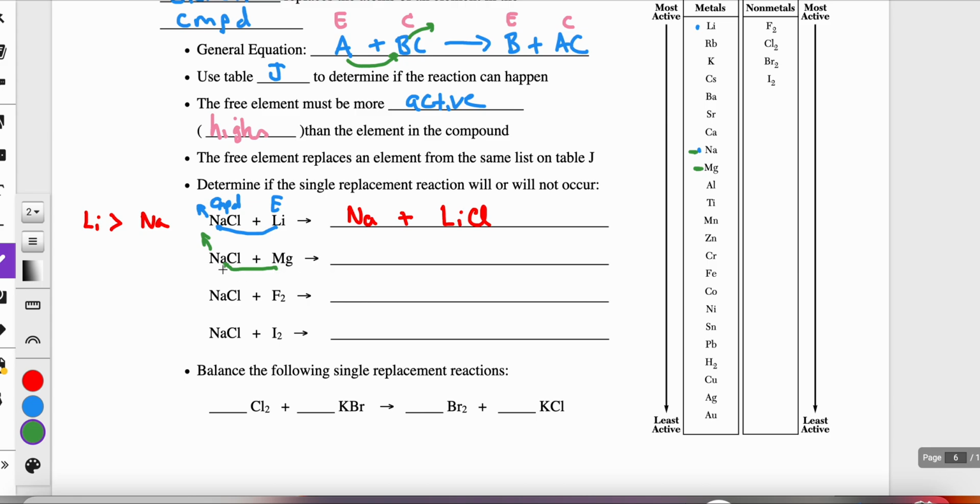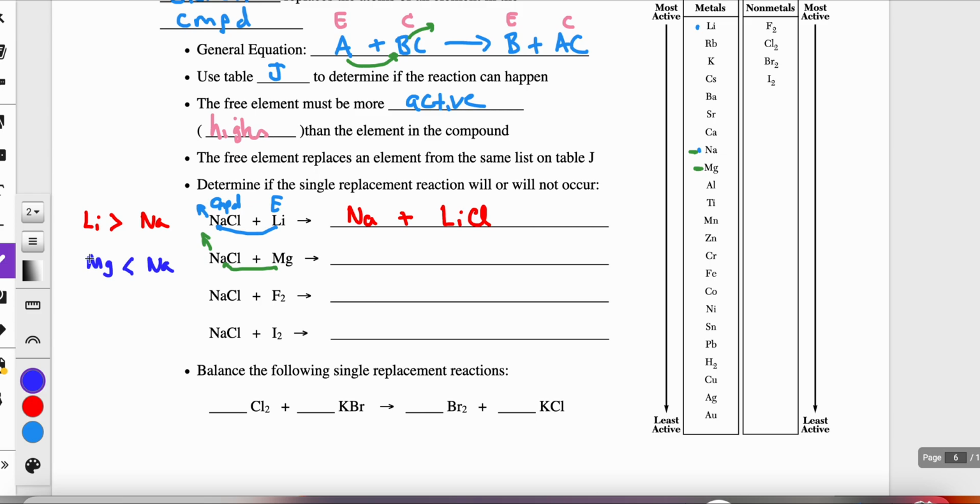They're in the same list on table J, so you have to compare their activities. Magnesium being the free element, how does its activity compare to Na, what is in the compound? Well, magnesium is lower than Na on the list, so magnesium is less active than sodium.